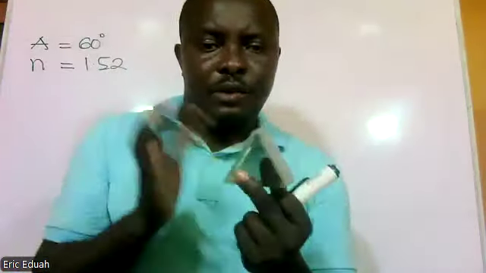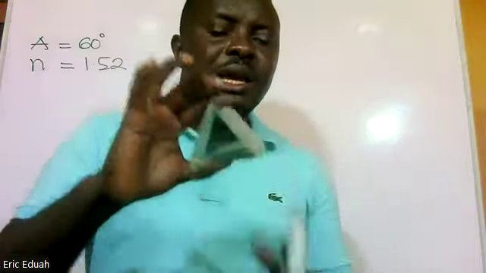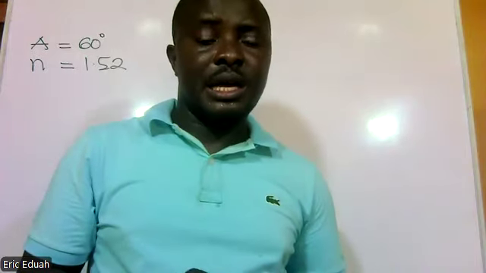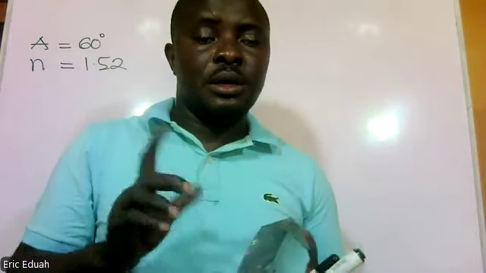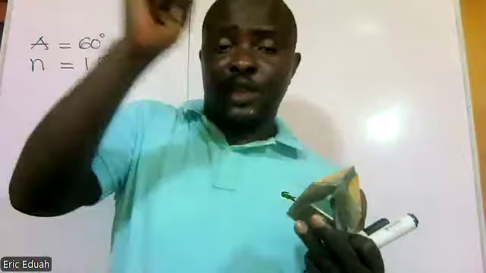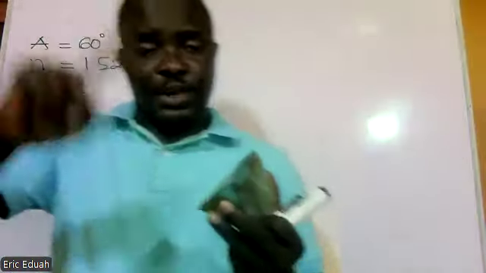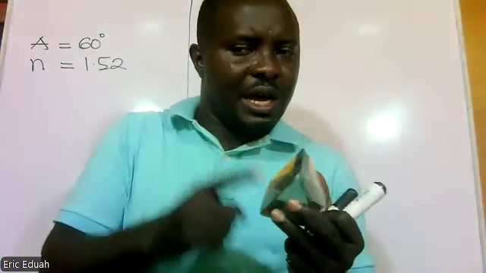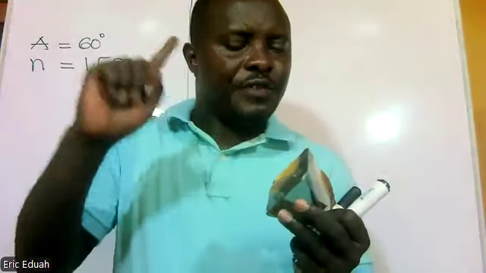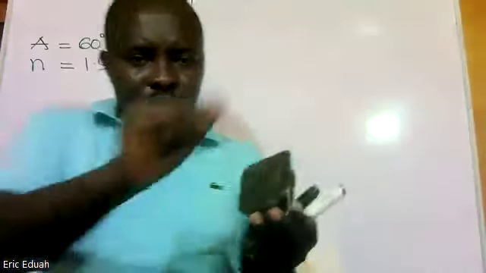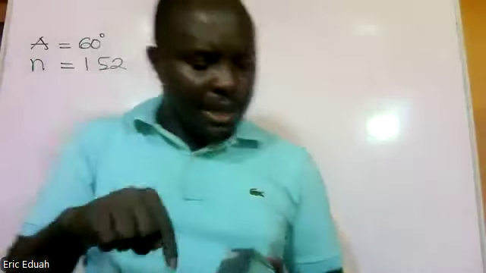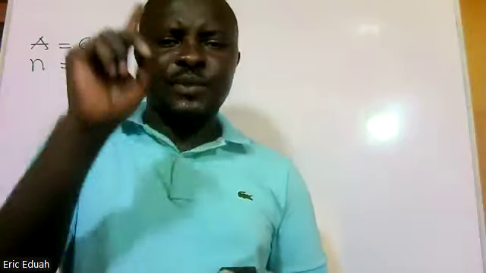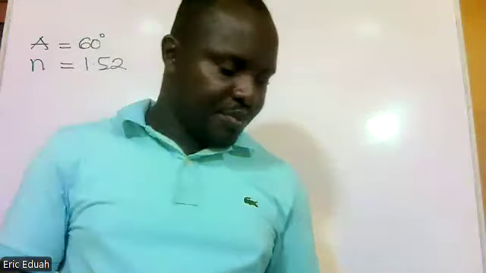I gave you the value: the refracting angle of the prism is 60, and the refractive index of the material is 1.5. We used a calculation to determine the minimum deviation, and we got that to be 37.2.